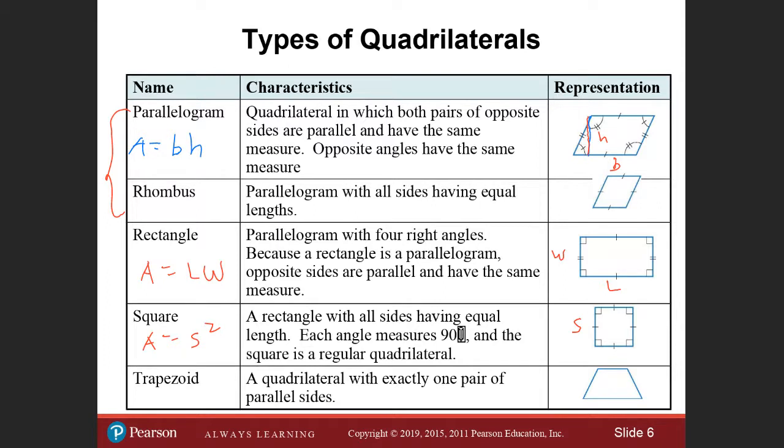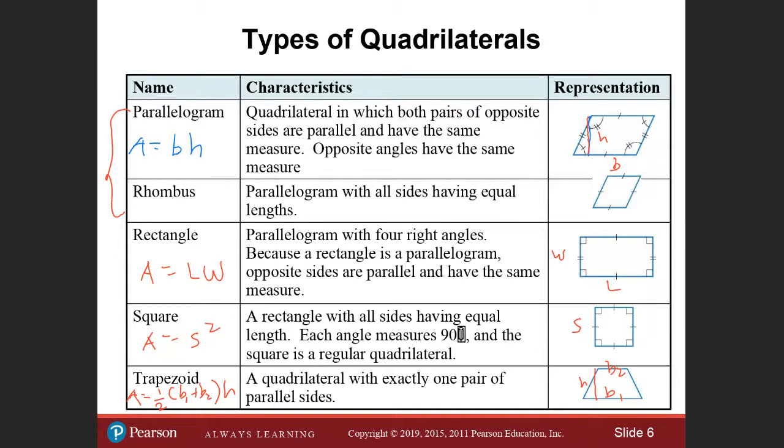And for the trapezoid, the area is similar to a triangle. It's 1/2 times base 1 plus base 2, times the height. Because there are two bases here, we can put base 1 and then base 2, and then the height over here.